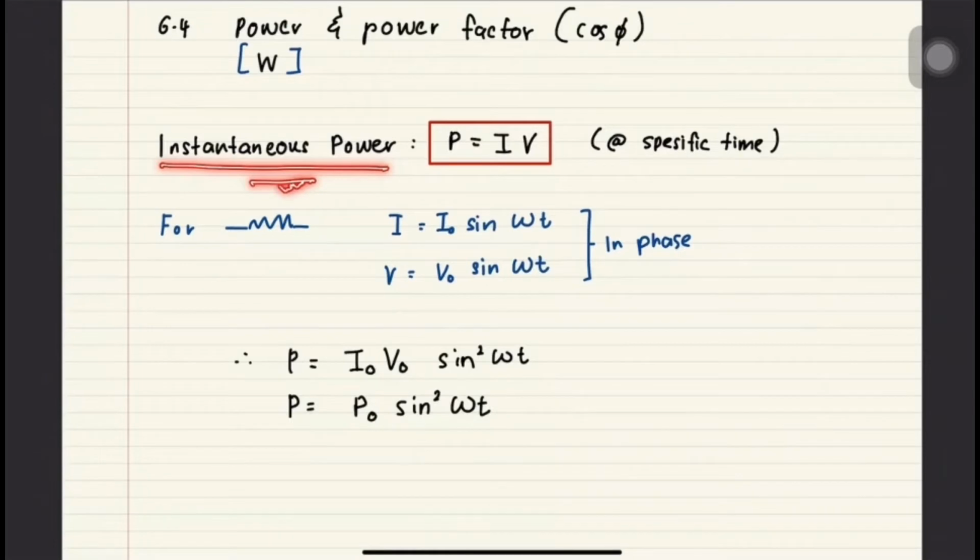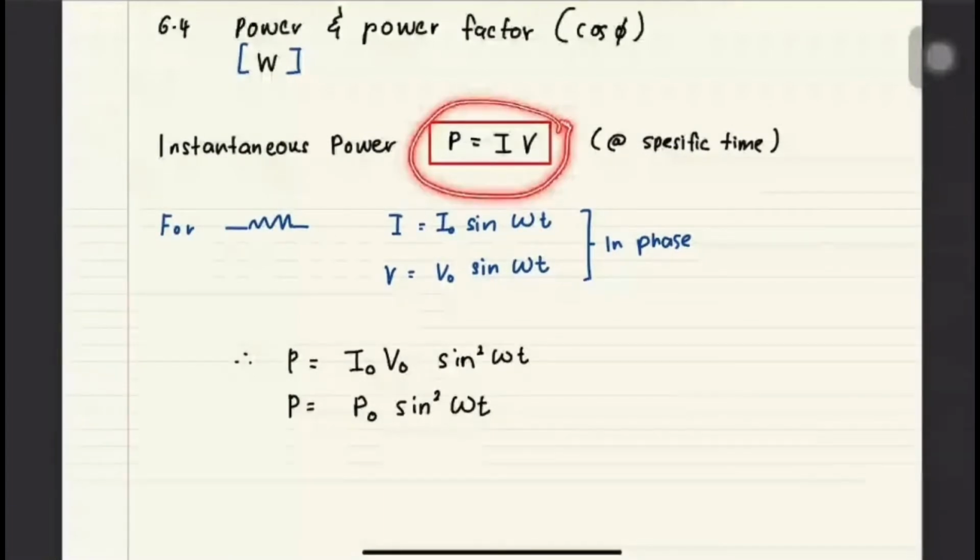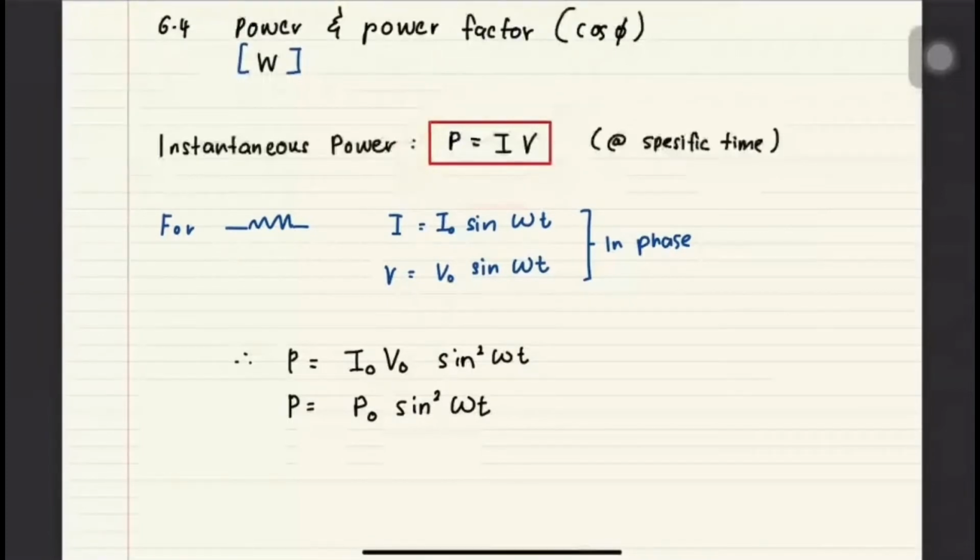So it means when time is equal to 3 seconds, what is the power? That is the question, at a specific time. From previous chapter 3, we know that P is equal to IV. But remember that this one is I and V with respect to time.